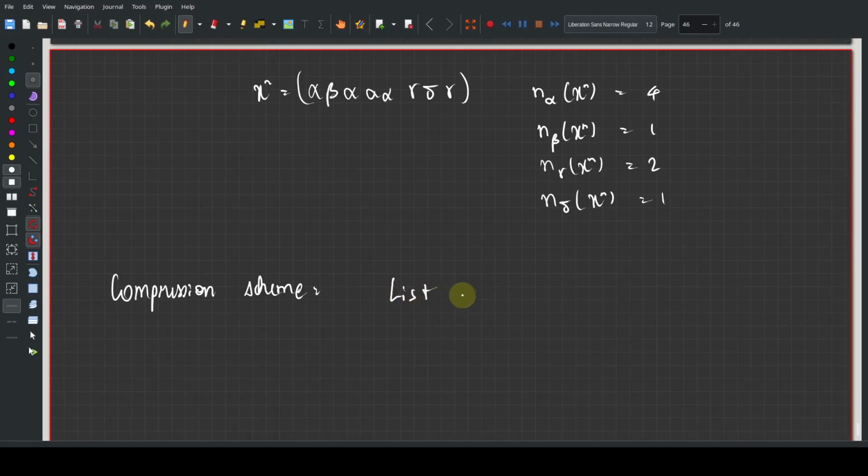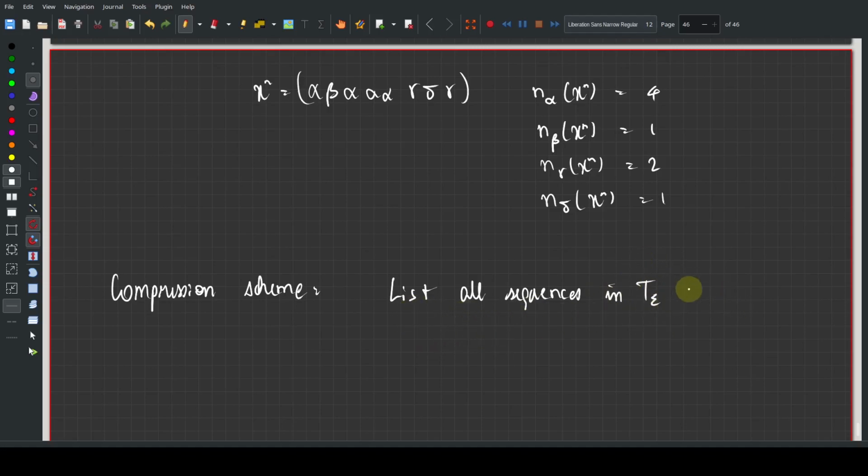So list all sequences in this set T epsilon. The number of sequences is basically the size of this particular set.